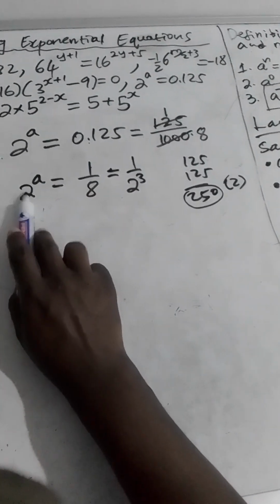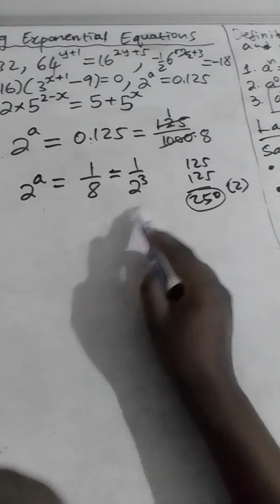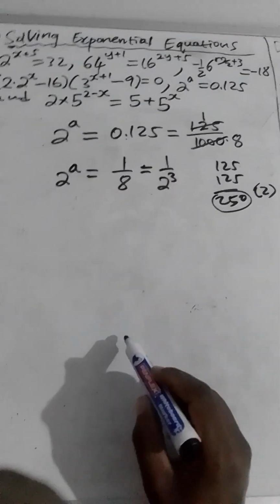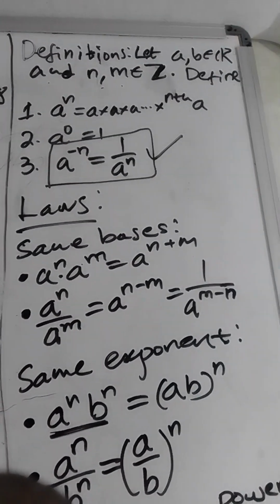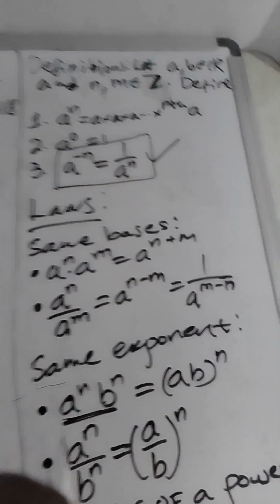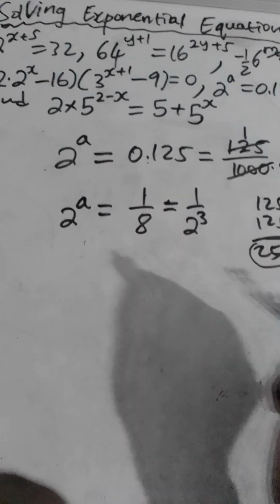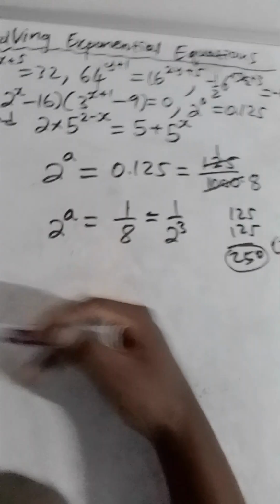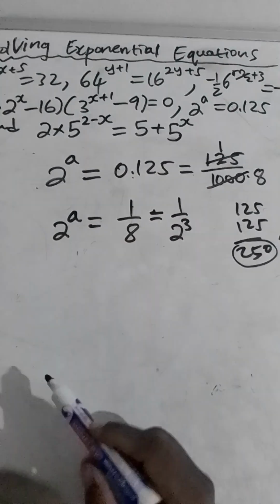But now this doesn't look nice, because here we have the power of 2 in the denominator. This is where we apply this definition. We want to remove the power from the denominator in this case, so we have to change its sign. Or we can put this in the denominator, so we'll put 1 on top of it, but we have to change the sign.